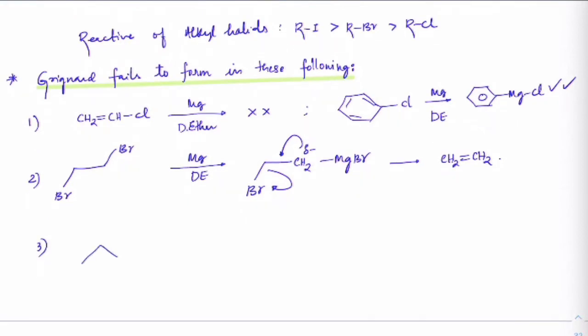Next, in case you have two bromines or two chlorines this way and you treat that with magnesium in dry ether, ring closure will take place. Two magnesium atoms will take away those bromines and we will get cyclopropane.